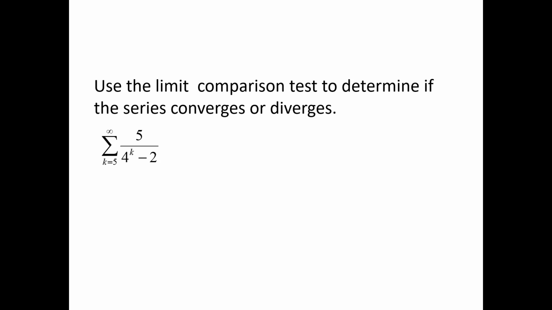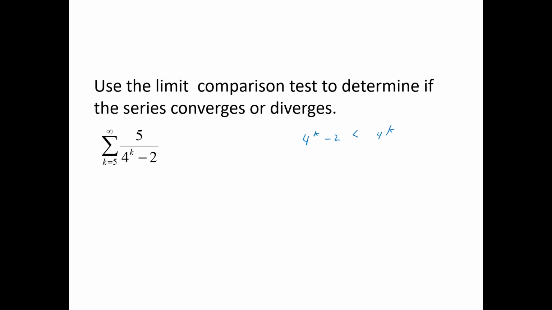Use the limit comparison test to determine if the series converges or diverges. Okay, so again, it is very clear that 4 to the k minus 2 is less than 4 to the k. That should be clear to you. This one you're subtracting 2, that makes it smaller.